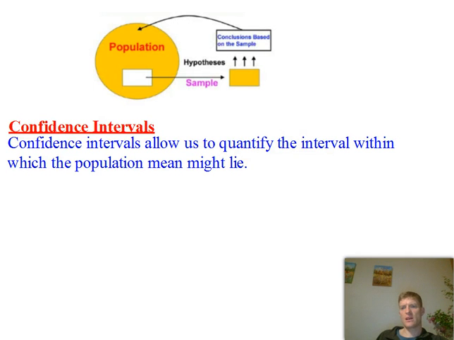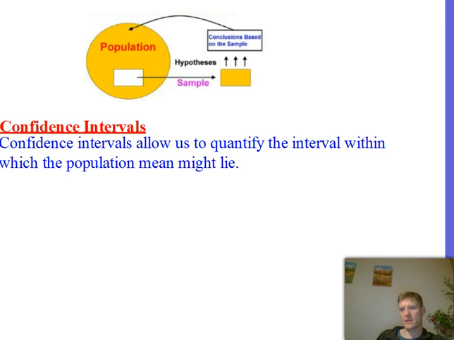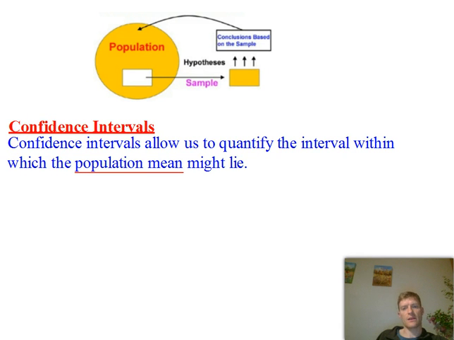One such statistical inference we can form is what's called a confidence interval. Confidence intervals allow us to quantify the interval within which the population mean might lie. So if this population mean is unknown, then we use the sample mean and the sample standard deviation to form a confidence interval.